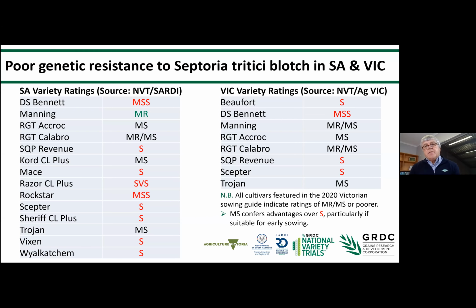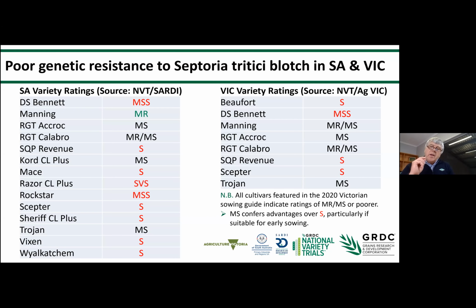And like I say, at this moment in time, tritici is not a problem in the high rainfall zone of the west. And so I haven't included ratings from that region. But what you can see is that there isn't a lot of genetic resistance within our germplasm that's commonly being used.